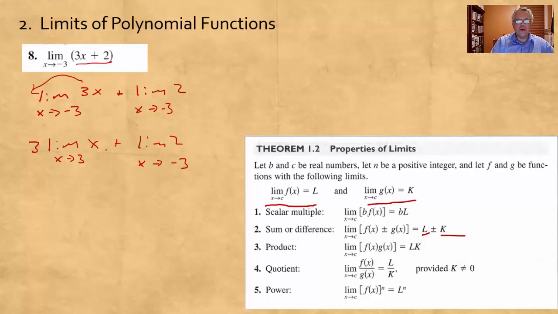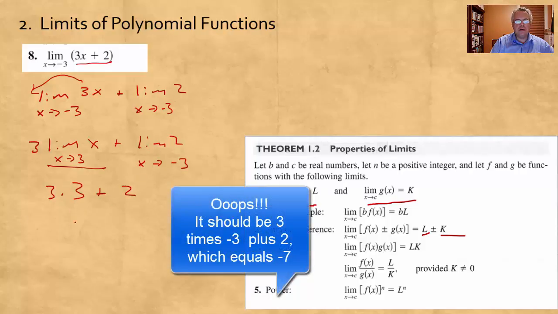We're going to do this a much quicker way in a minute. But now these are the basic functions. As x approaches -3, this limit is -3. So this is 3 times this whole thing approaching -3 plus this whole thing approaching 2. The limit of a constant is the constant. This is 3 times -3 plus 2, which is -9 plus 2, which is -7.